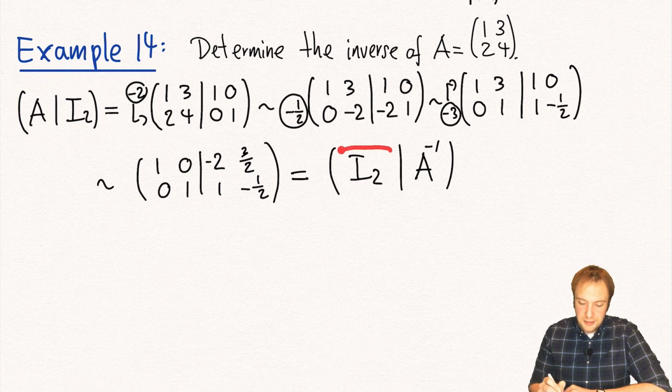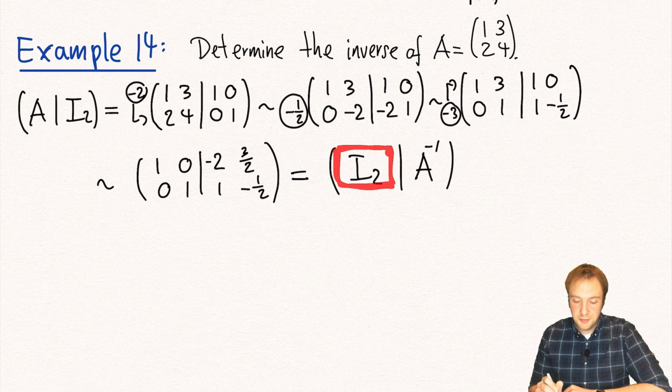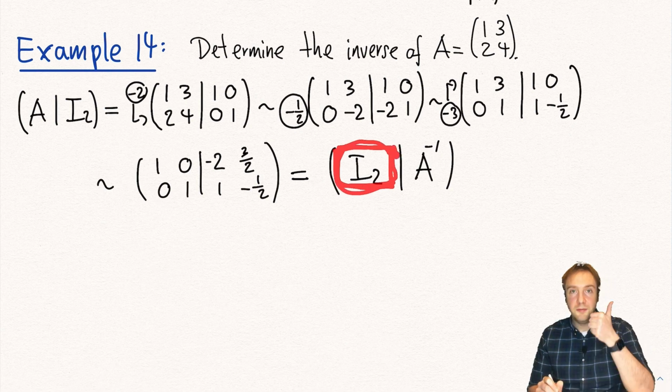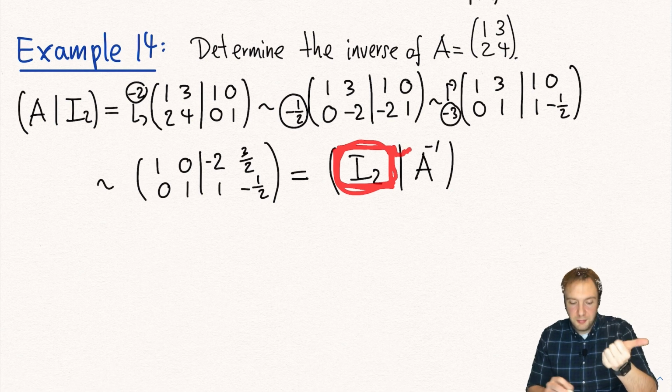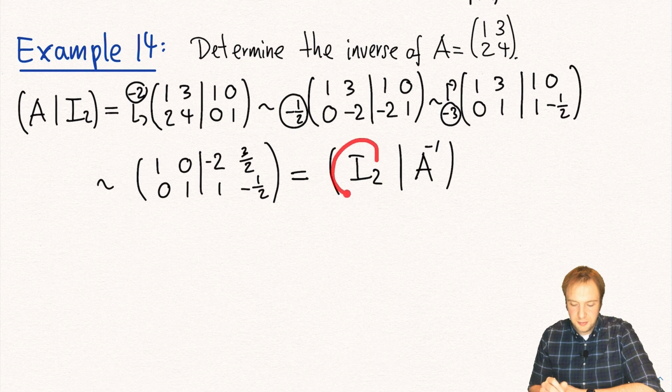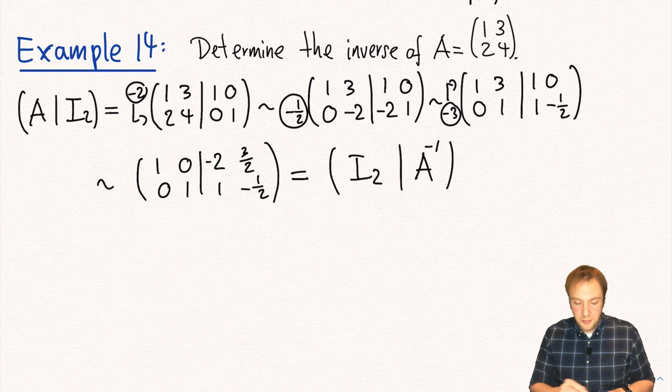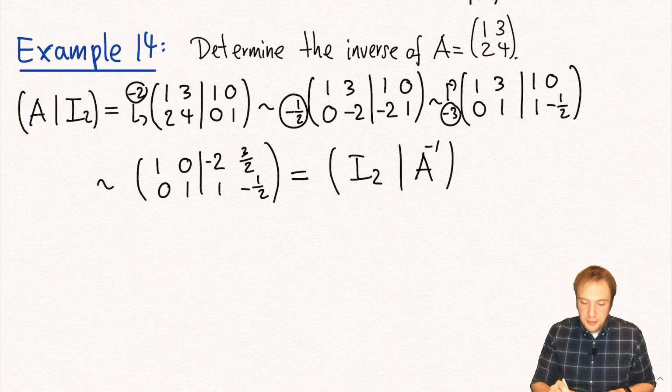You will see that if you end up with the identity matrix here on the left hand side, then the first observation is, okay, this matrix you started with is invertible because the reduced echelon form is the identity matrix, and then the rest here on the right hand side will be the inverse of this corresponding matrix here.